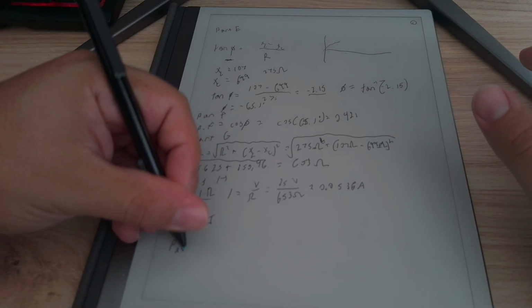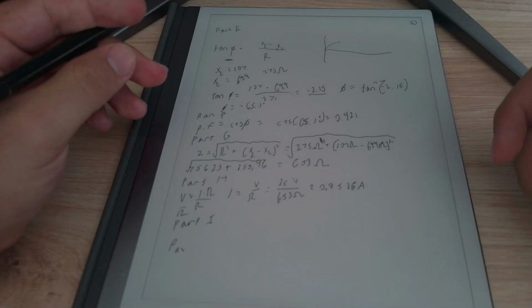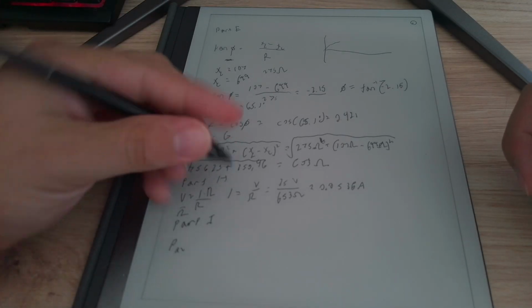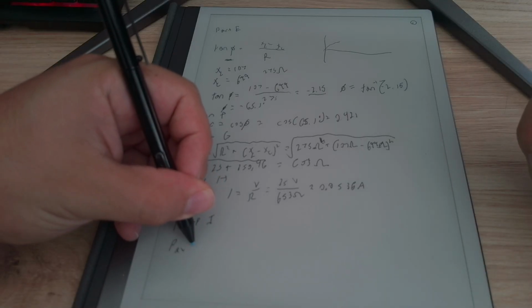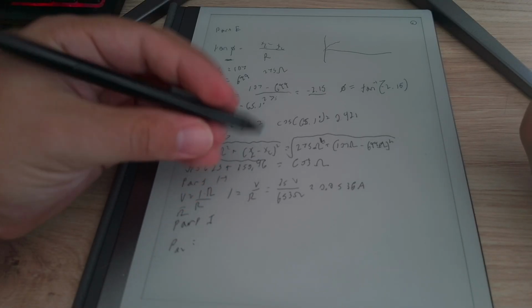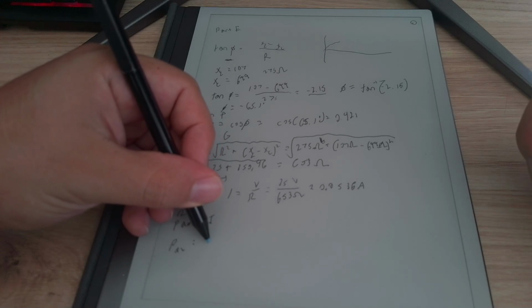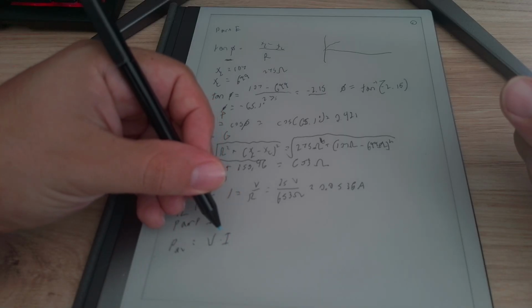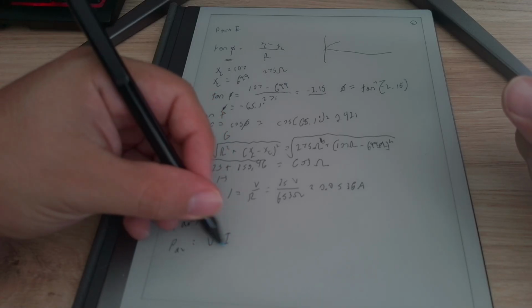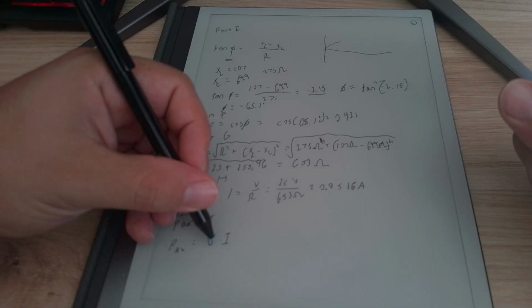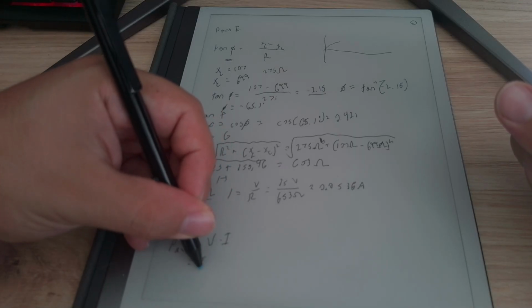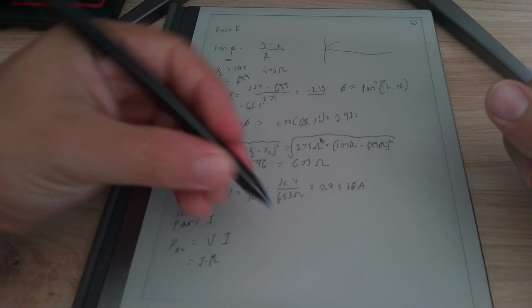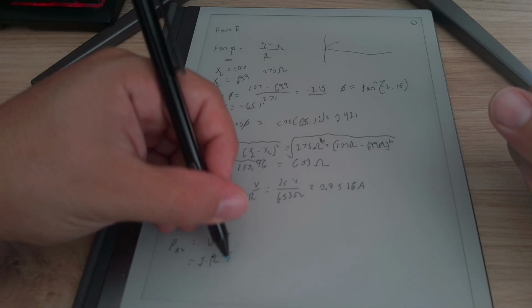P average. Now we don't have the voltage RMS or the current RMS, but we do know that it's also equal to the voltage times current. And since voltage is just current times the resistor, we'll just take these two and multiply them together.